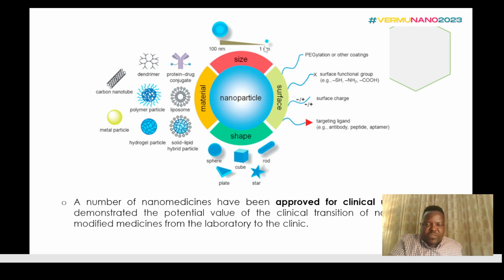You can see that the size of nanoparticles is within 1 to 100 nanometers. And the particles can come in different shapes: sphere, plate, cube, star, and rod. They can also have a surface charge, either positive or negative, and they can also have surface functional groups.